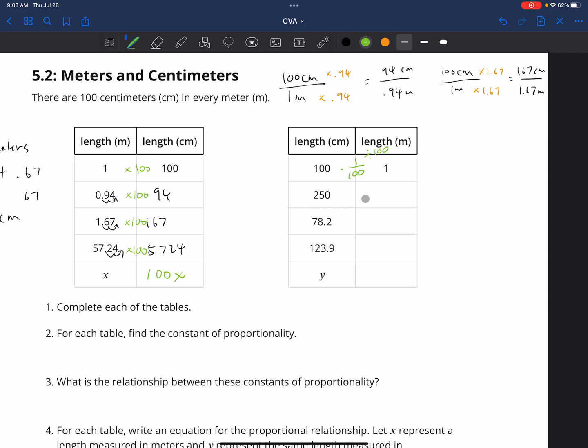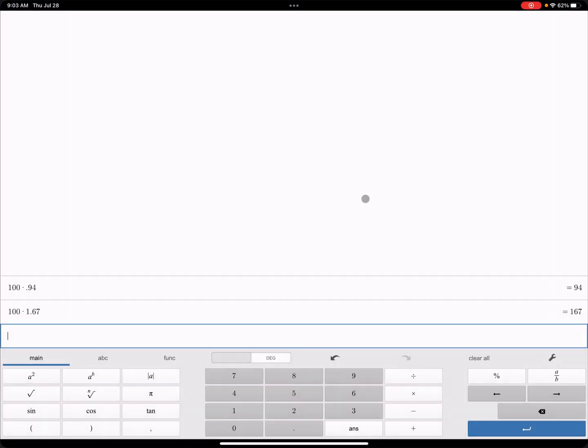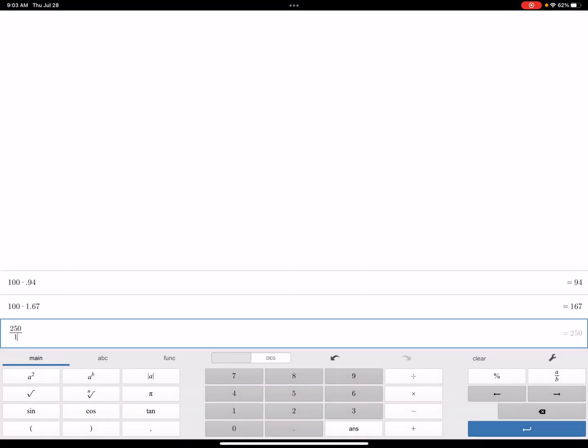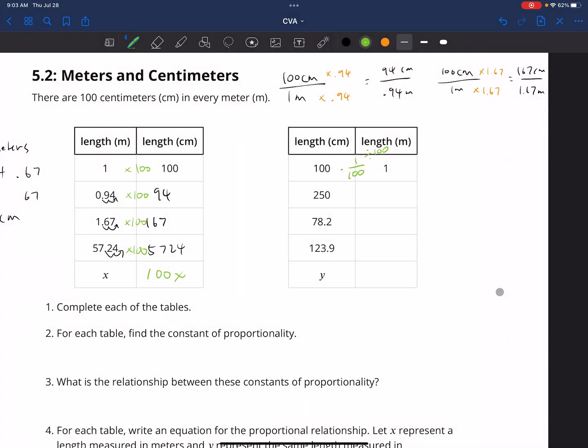So what we're going to do is 250 divided by 100, and that's going to give us 2.5. But let me just show it to you guys. Once again, 100 centimeters is 1 meter, and we want 250 centimeters.